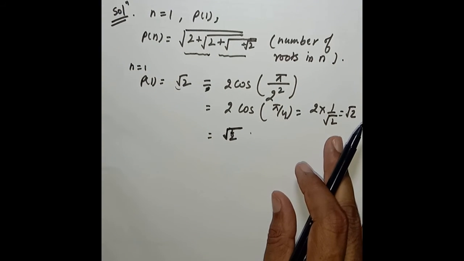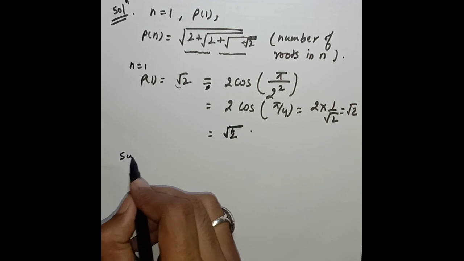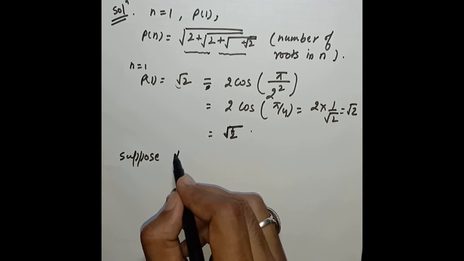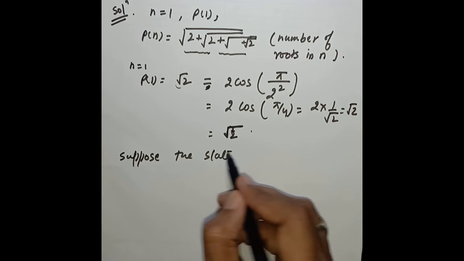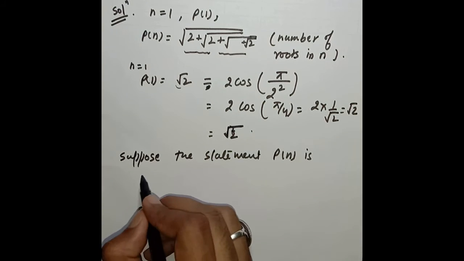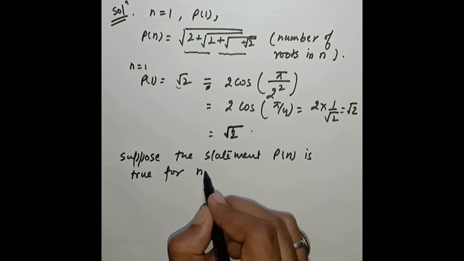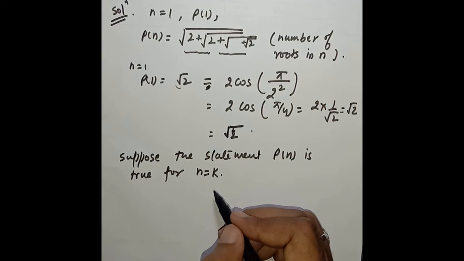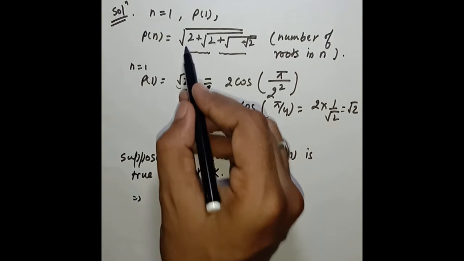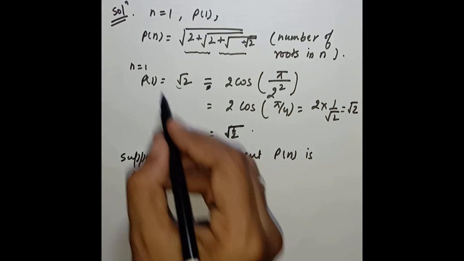Now the next step is the induction hypothesis, and we suppose the statement Pn is true for n is equal to k. This implies for n is equal to k, we have under root 2 plus under root 2 plus, k times.